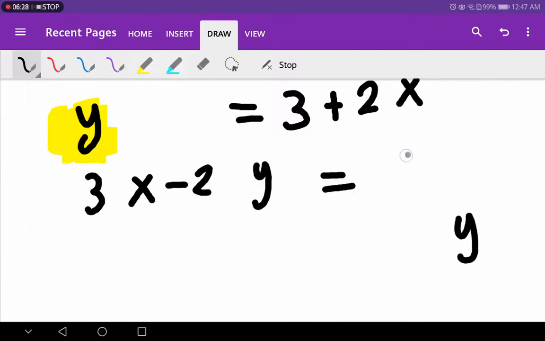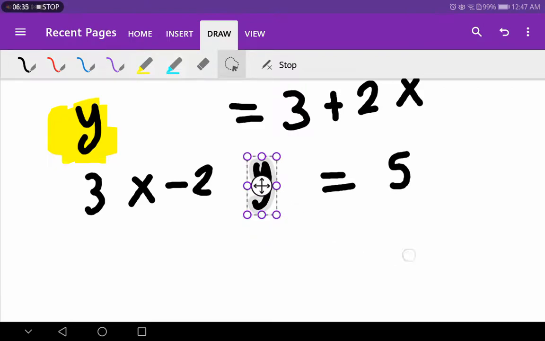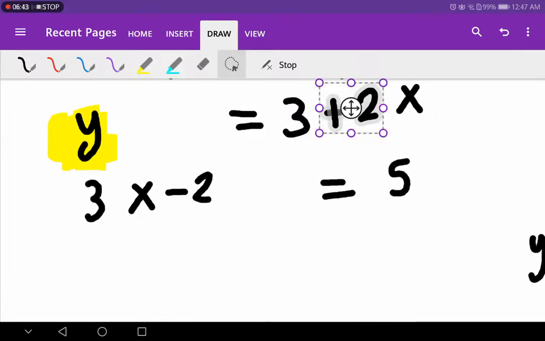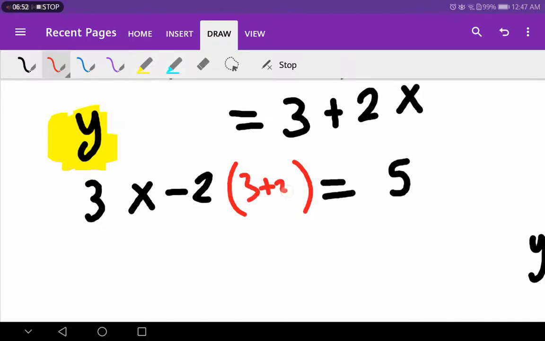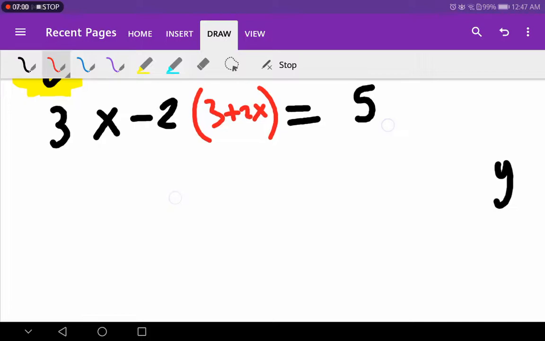I remove the y and bring this thing here, which is 3 plus 2x. So I replace the y by its value, which is 3 plus 2x. And you know the rest, I think. You have to break the parentheses as the first step.